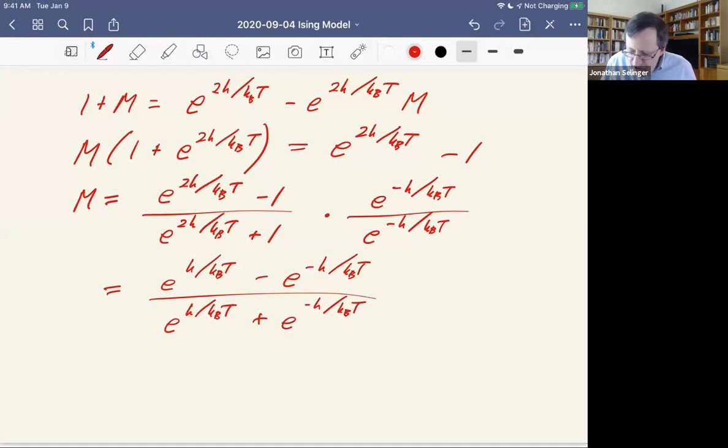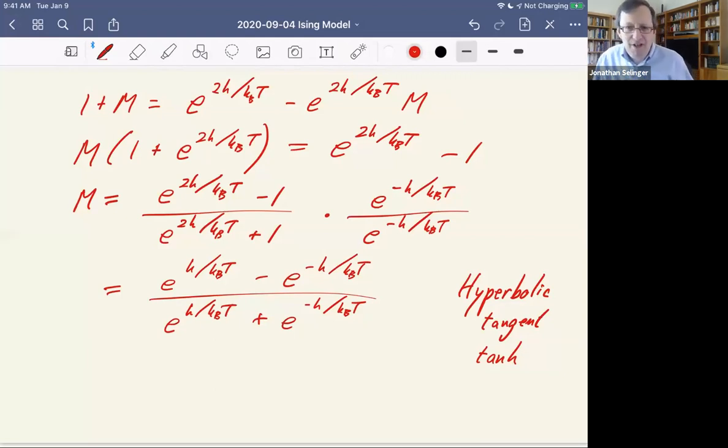And this is a function which you might or might not recognize as a hyperbolic function, right? So in particular, this is what is called the hyperbolic tangent function, and the abbreviation for that is tanh, and Americans say that as tang, something like that.